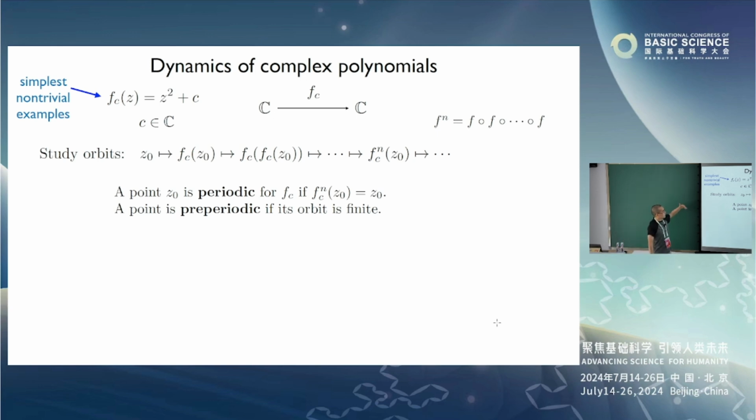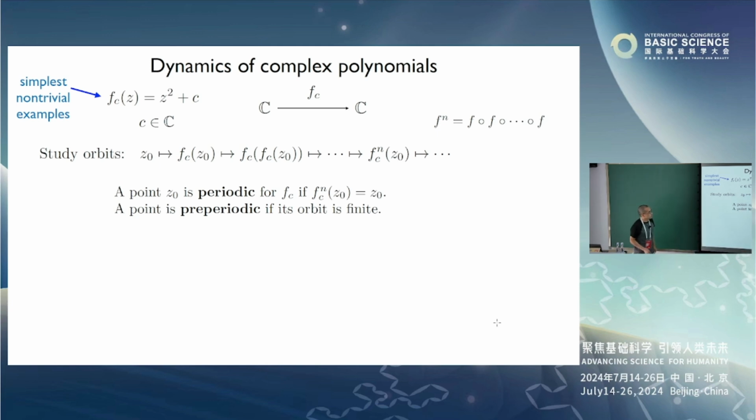We study the orbits of points on the complex plane. Given any c, you get a dynamics, and from here you get a starting point z naught. You study the orbit of this point, and the iteration of f you denote by f^n. This is not a multiplication.